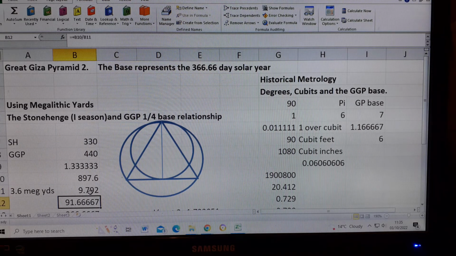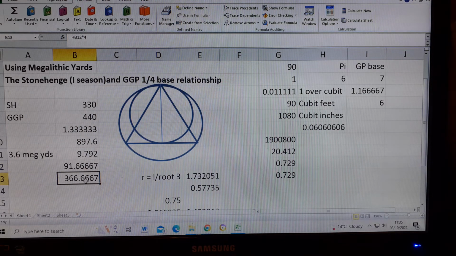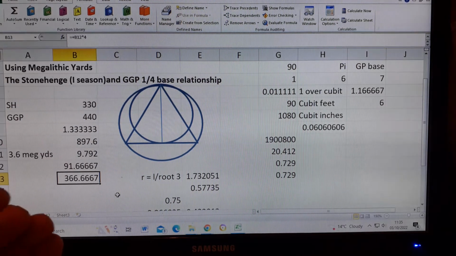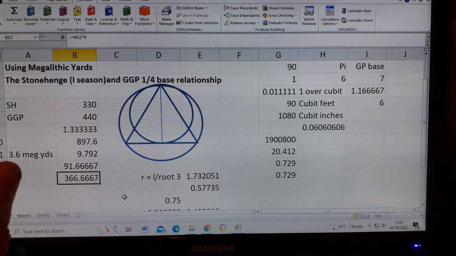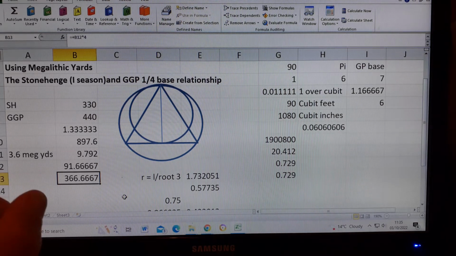And when we divide that into that, we get 91.666. Multiply it by 4, we get 366, which is the Giza base, what it represents. So the Stonehenge Aubrey circle, when the unit is 3.6 megalithic yards, is representing this number of 366 solar days in a solar year.